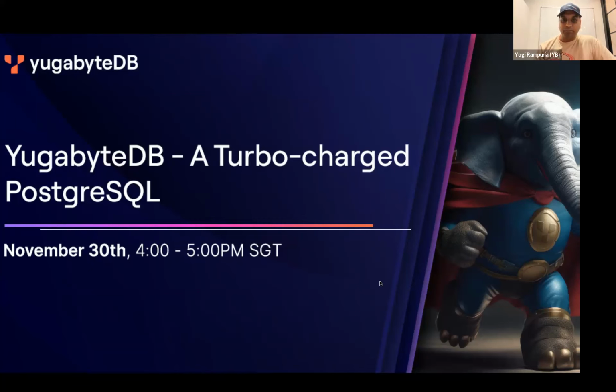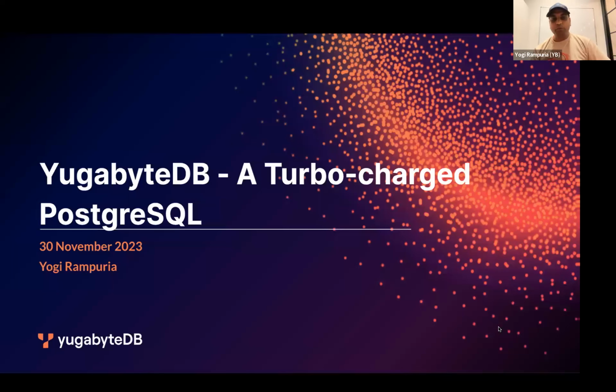So with that, if you're new to Yugabyte, Yugabyte is a multi-model distributed SQL database. Primarily, we support Postgres and Cassandra flavors of SQL. And we'll be learning a little more about the Postgres side of things today, and hopefully we'll cover more on Cassandra on a future webinar.